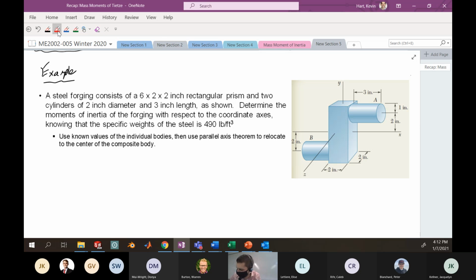Maybe let's not do all the coordinate axes. Just do the y-axis.